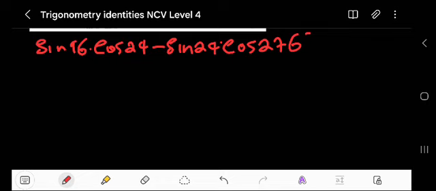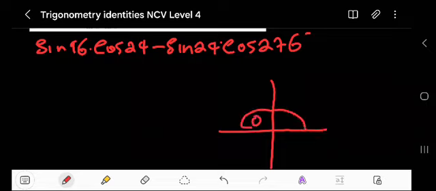You have sine 96, and if you are given a CAST diagram, 96 is somewhere in the second quadrant, and in the second quadrant we know it's 180 minus theta.